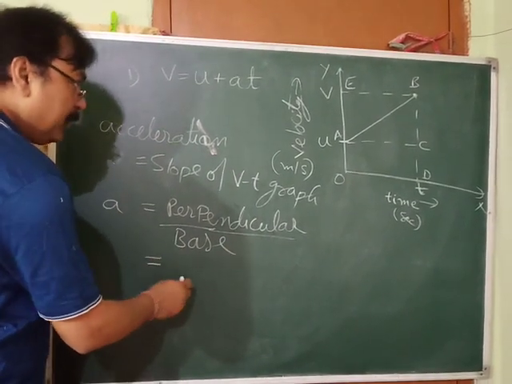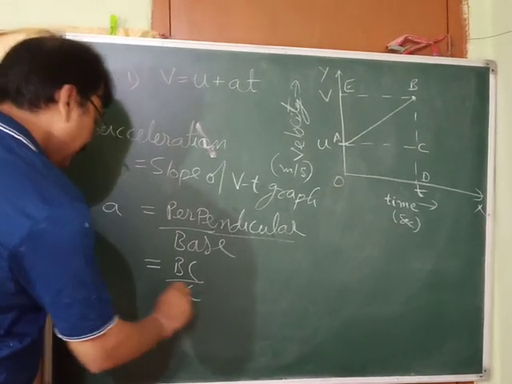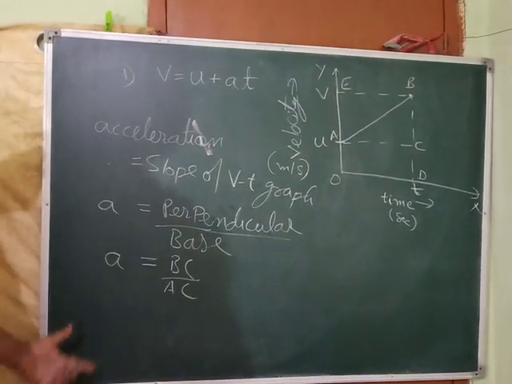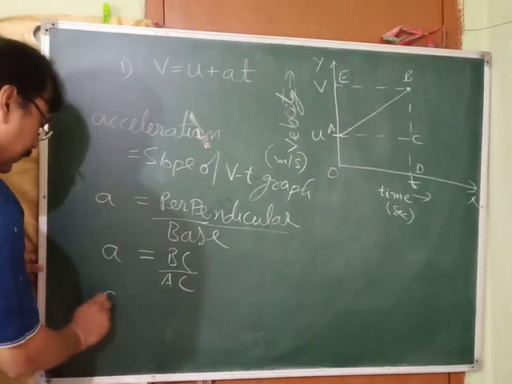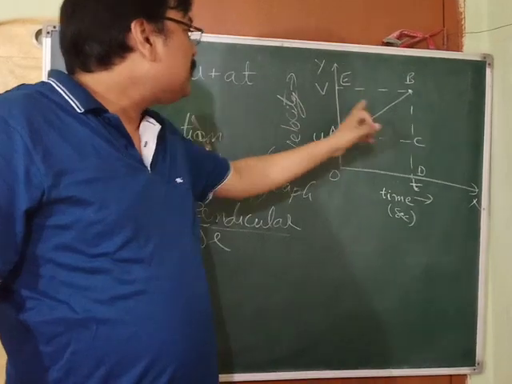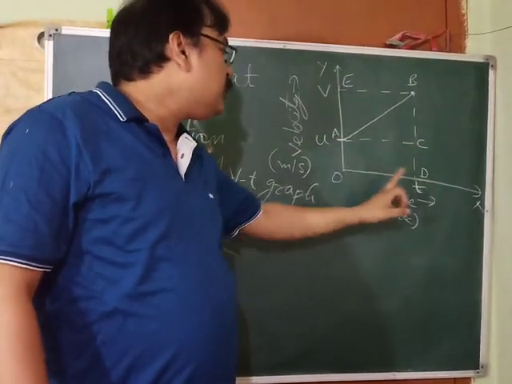Now what is perpendicular? That is BC upon AC. That is our acceleration. But do we know the value of BC or the value of AC? We don't know. So from the diagram, what can we write? See, BC is equal to AE and AC is equal to OD.